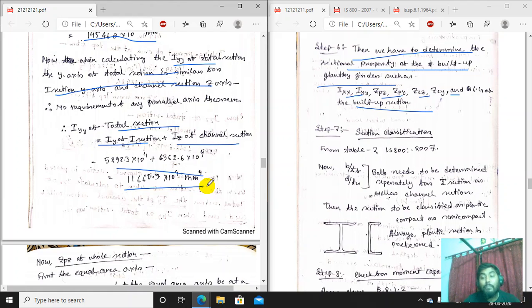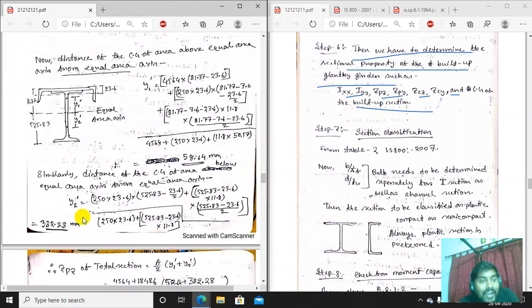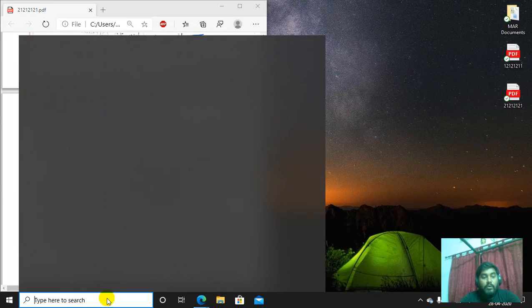Now coming to the most important and most interesting part, ZPZ of the whole section. First, let us remind you how to calculate ZPZ. What is the meaning of ZPZ?